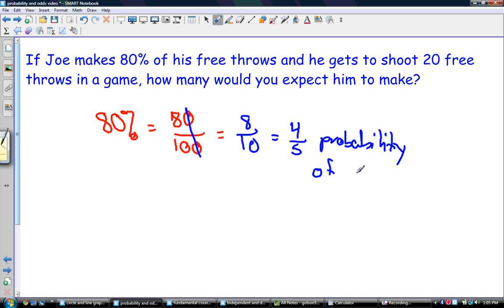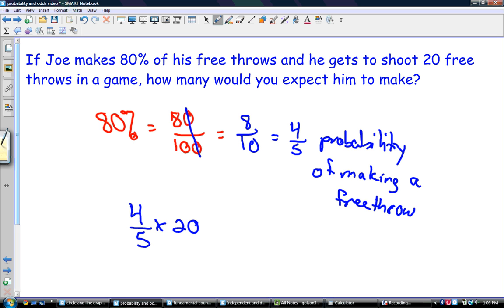And so I can use that to find how many I would think he's going to make in this game. All I have to do is take that probability at 4/5 and multiply it by how many free throws he gets to take. And then in order to multiply these, I know I've got to put 20 over 1.